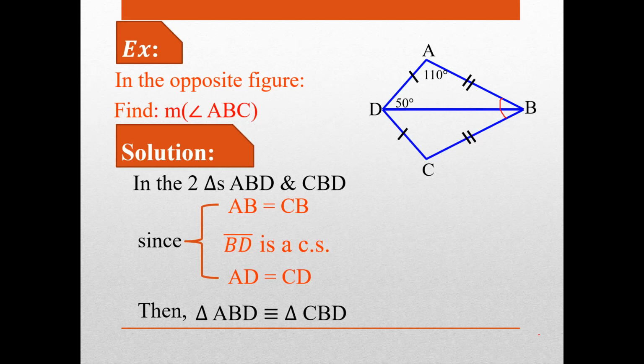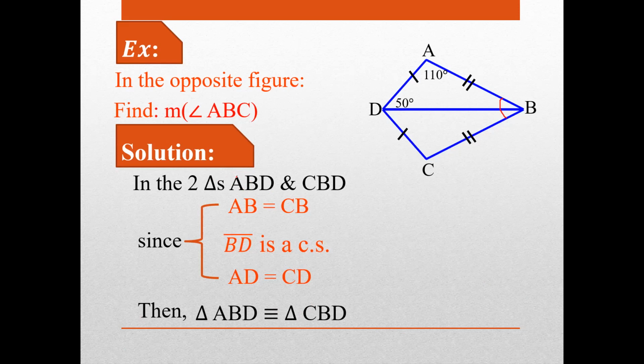If the two triangles are congruent, then the six elements in the first triangle are congruent to the corresponding parts in the other triangle. Pay attention and look at the letters of the triangle.